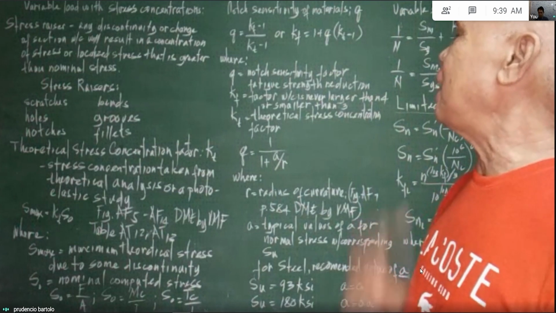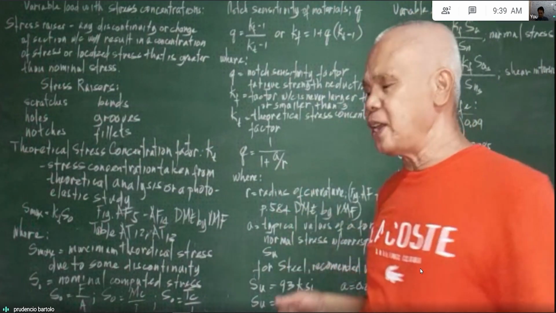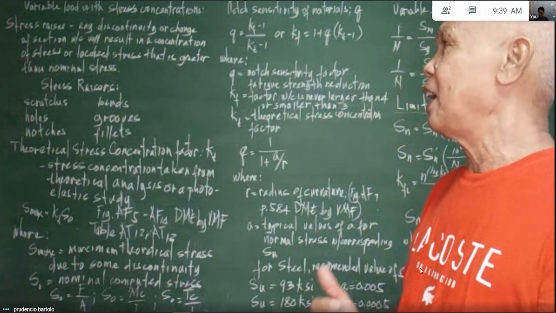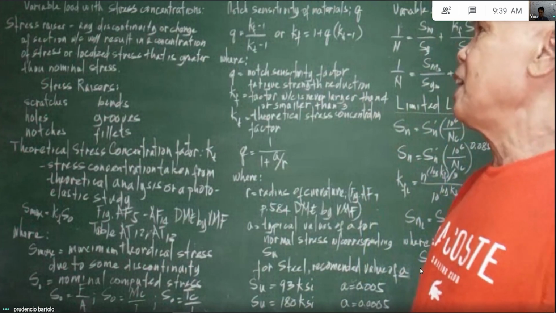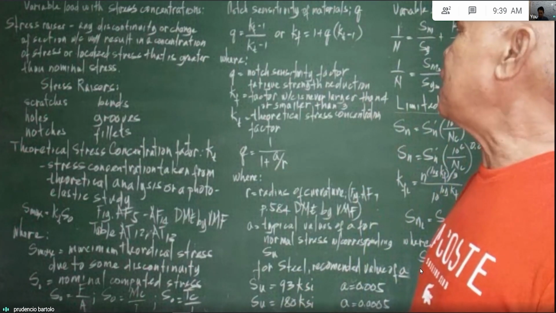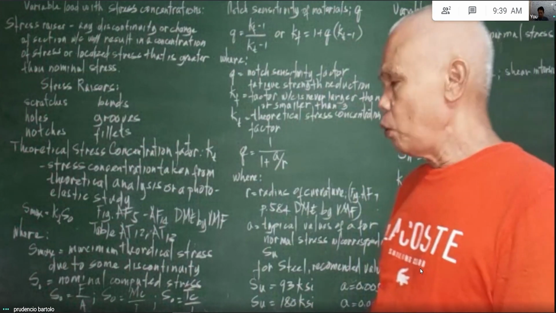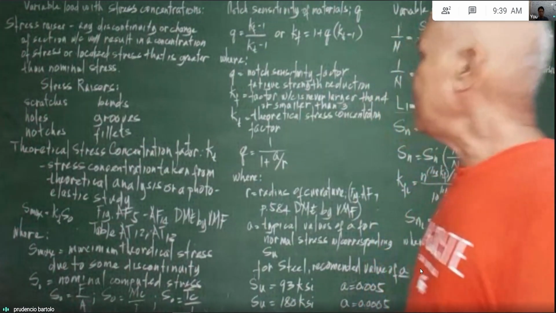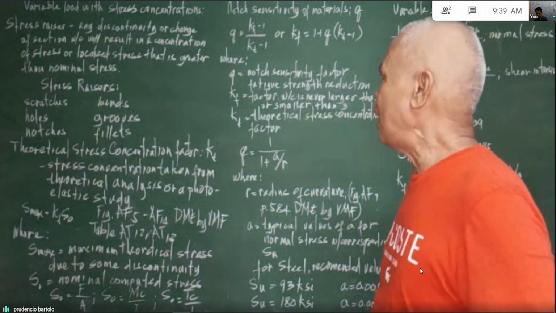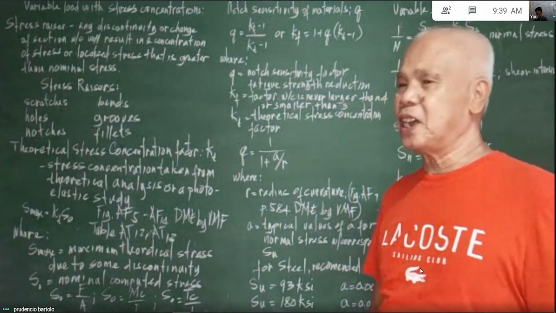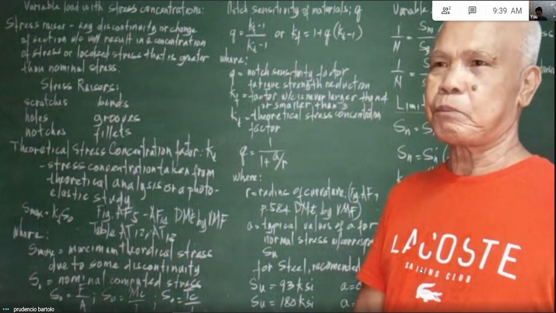The stress concentration means there is what we call a stress raiser, which by definition is any discontinuity or change of section which will result in a concentration of stress, or localized stress, that is greater than the nominal stress.